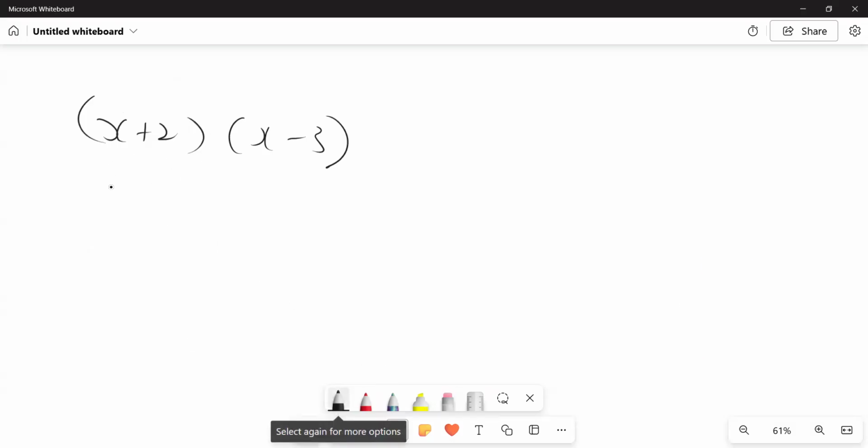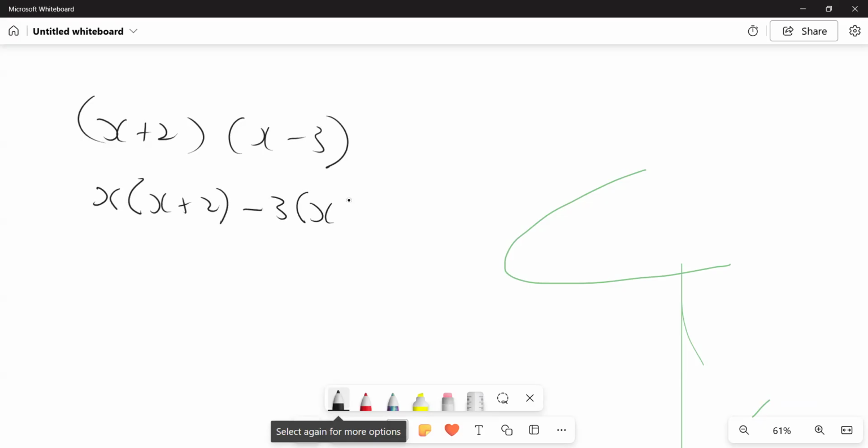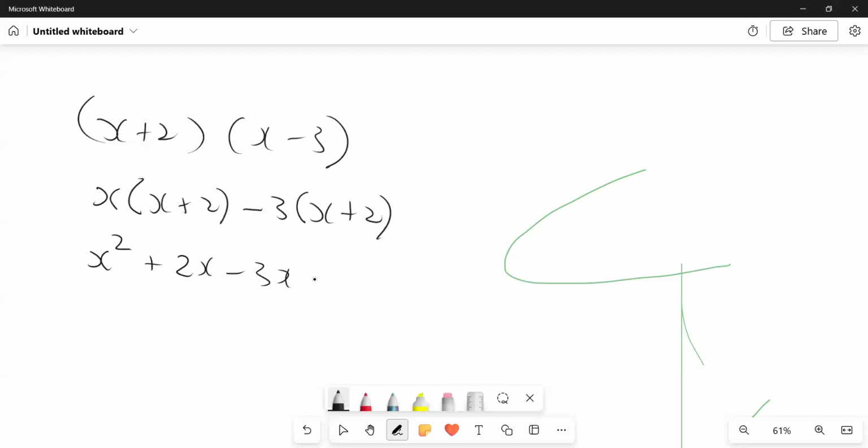So we said that is equivalent to x times x plus 2 minus 3 times x plus 2, right? So when you expand this now, look at what happens. You get x squared plus 2x minus 3x minus 6. And then when you simplify, you get x squared minus x minus 6.